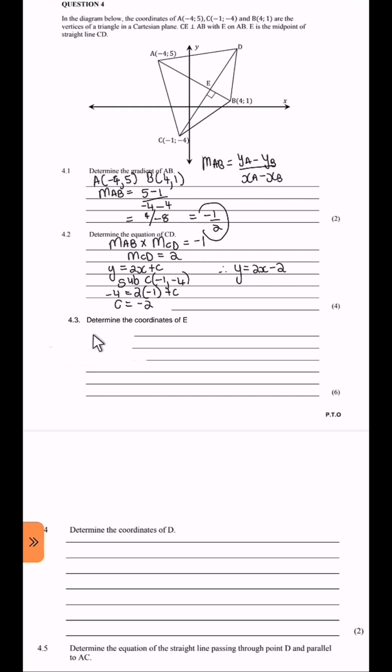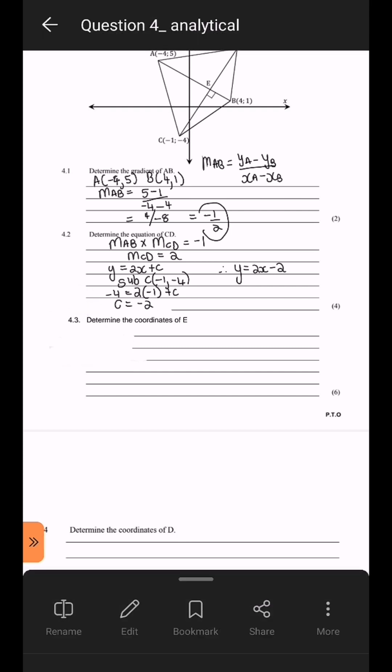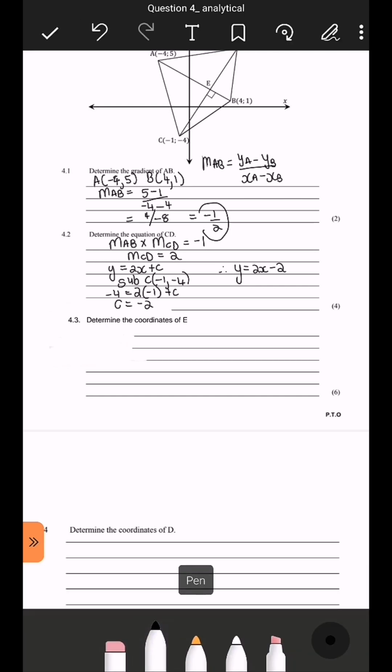So according to what we calculated in 4.2, we already have the equation for line CD. Let me write it down: y of CD equals 2x minus 2.